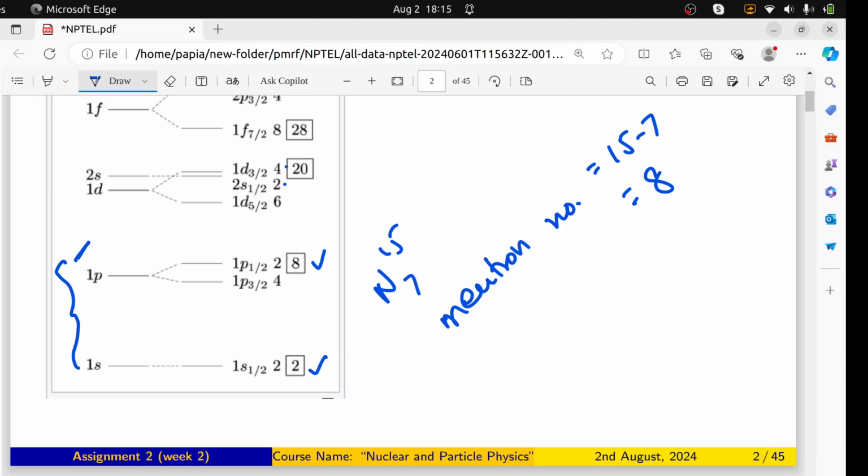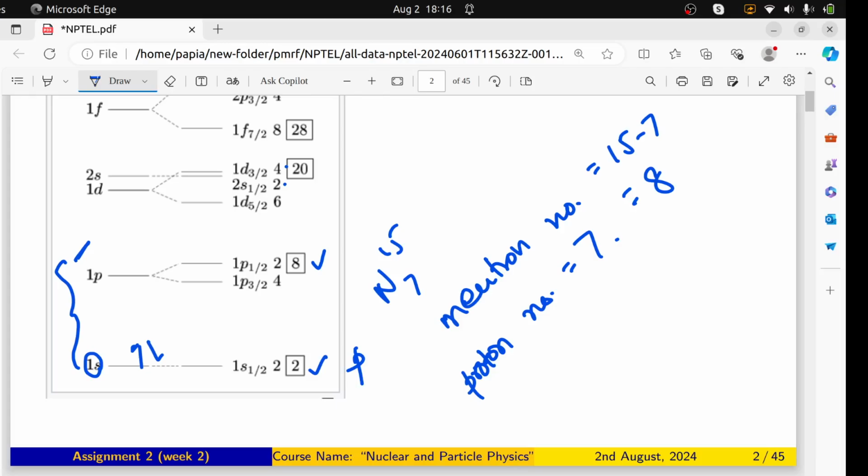So who is left? What is left is the proton number. Proton number was 7. So obviously the first 2 protons will come in the 1s state. We will focus right now on protons only. So 2 protons will come here.